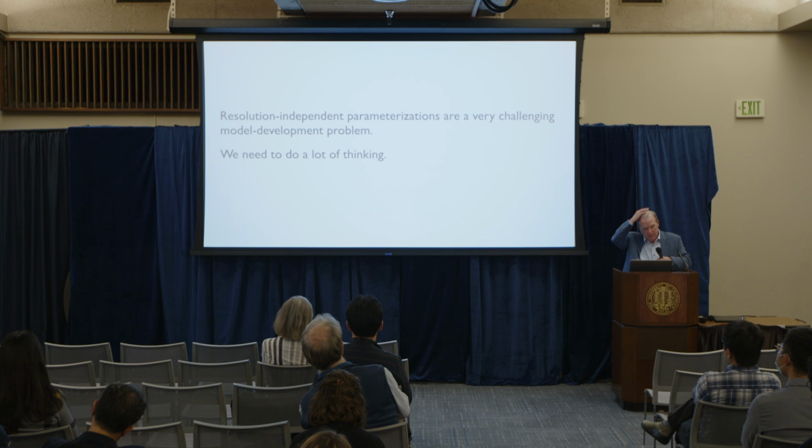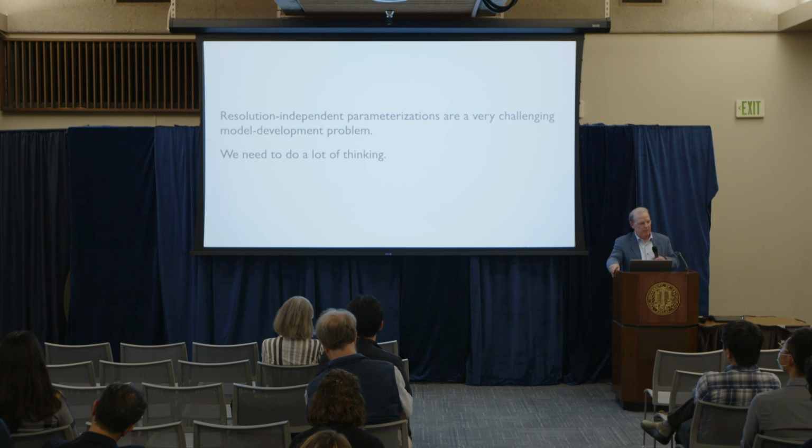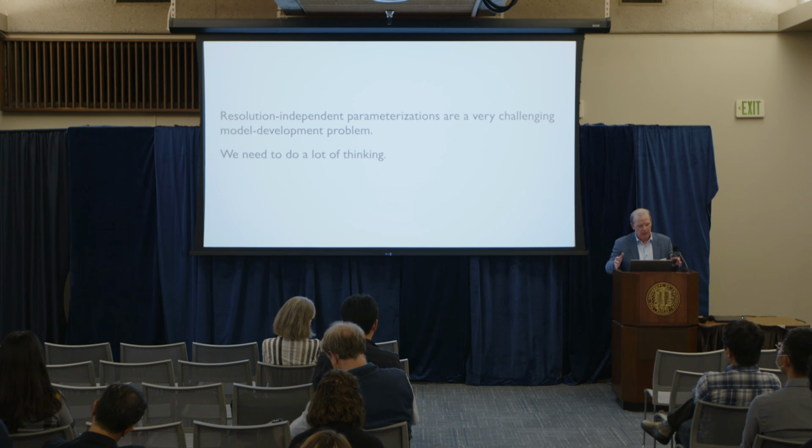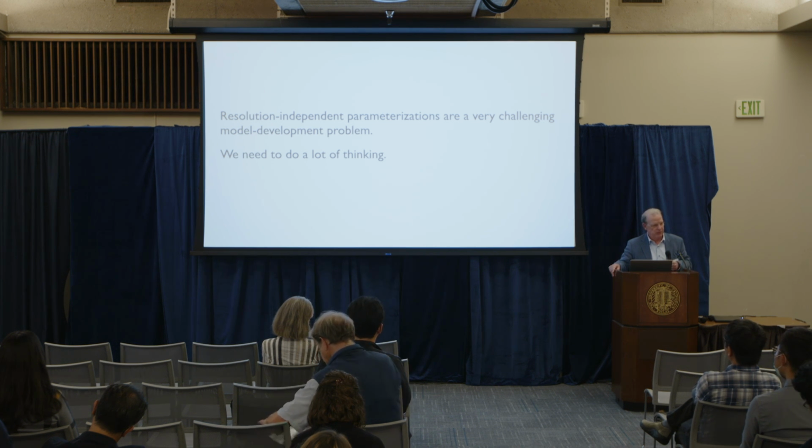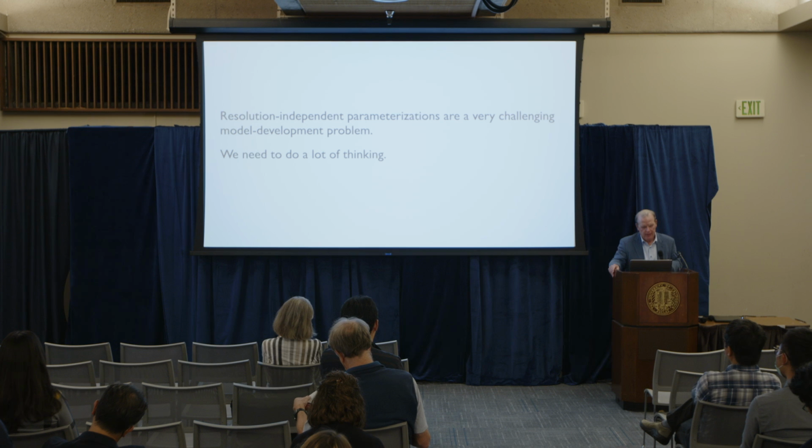So resolution-independent parameterizations are a very challenging model development problem. If you set this as a goal, I want to figure out how to do this, in the process of trying to understand that, you have to think about how nature works in ways that maybe you didn't earlier when you were thinking about very large grid cells. So we need to do a lot of thinking.